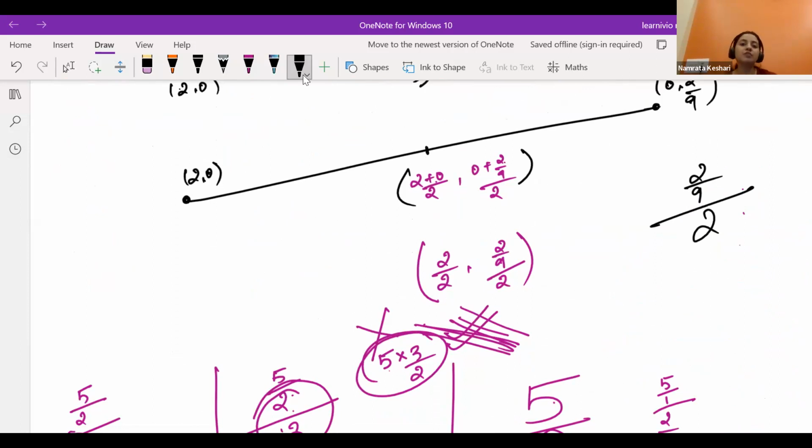Now tell me, what will be the simplified form of this one? 2 by 18. Perfect. Which can be cancelled to 1 by 9. So our midpoint by using the formula we got is 1 comma 1 by 9. Okay, we'll keep it like this.